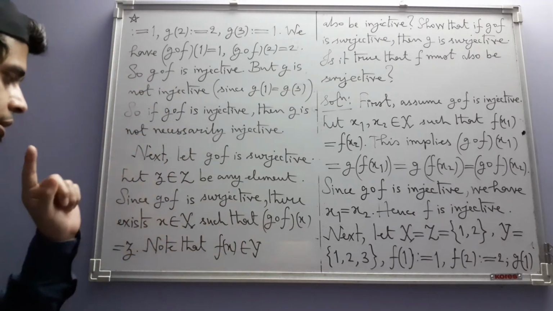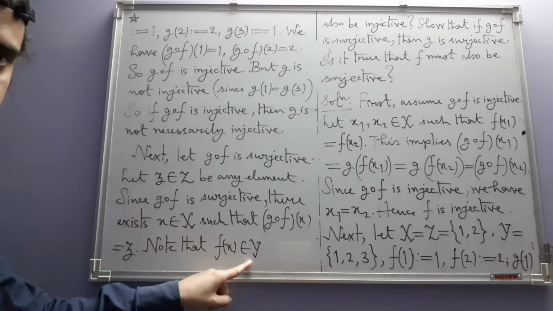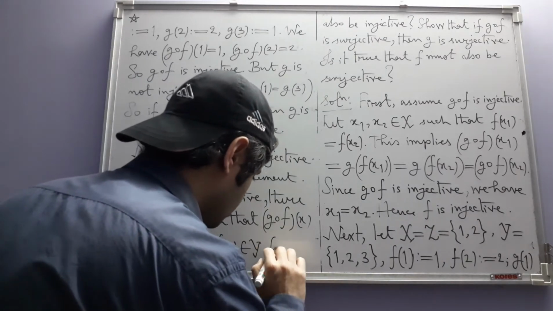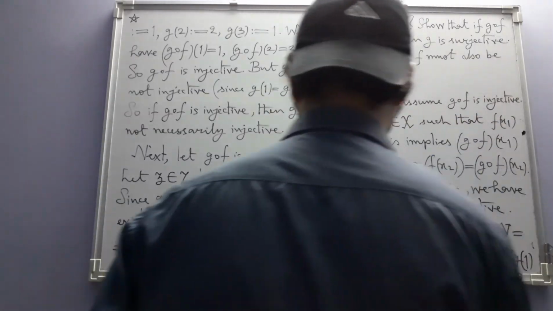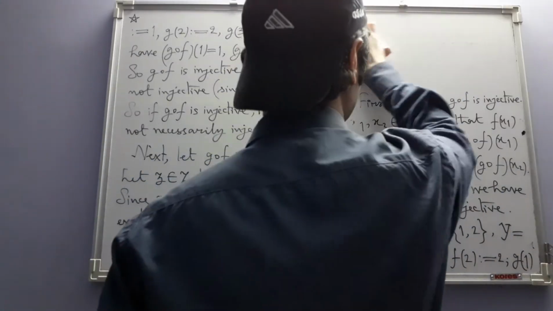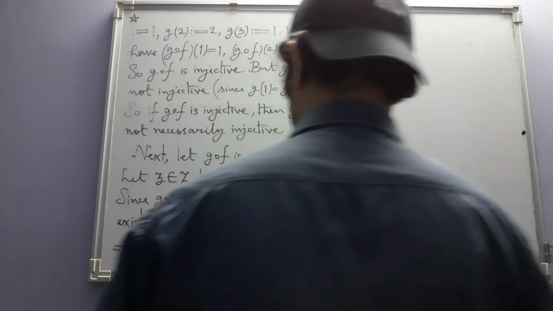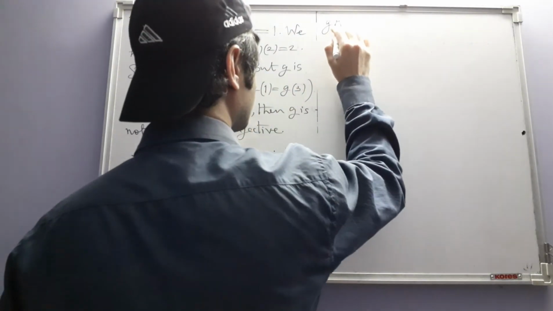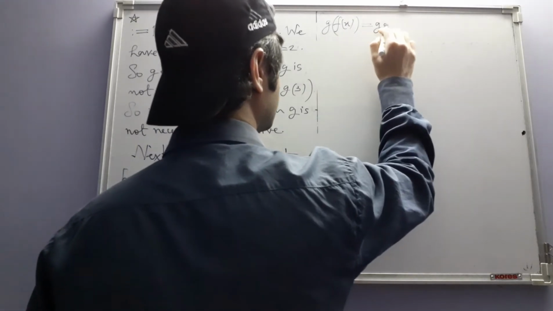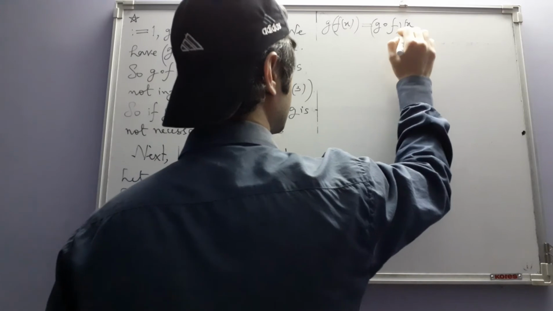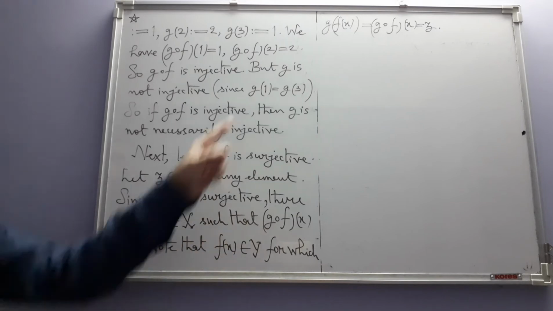Because X is an element in X and F maps X into Y. So Fx will be an element in Y for which G of Fx is equal to G composition F of X is equal to Z. From here we are getting this.